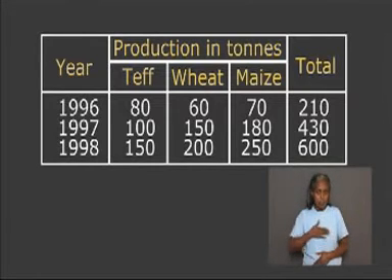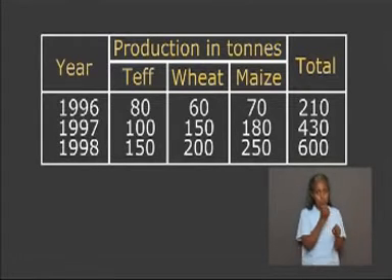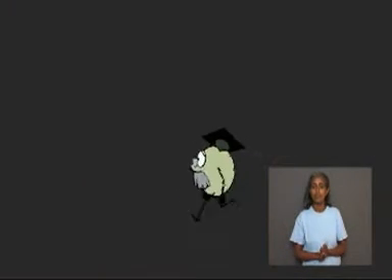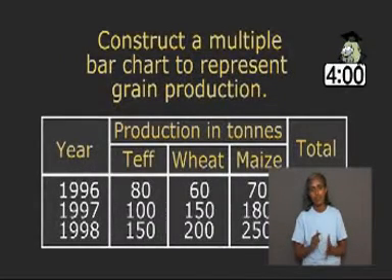Please work together with a classmate to construct a multiple bar chart that will represent this data. Use the 3 different kinds of grain as your x-axis. Students, let's get ready. Begin.